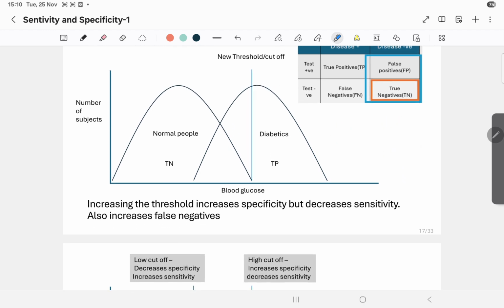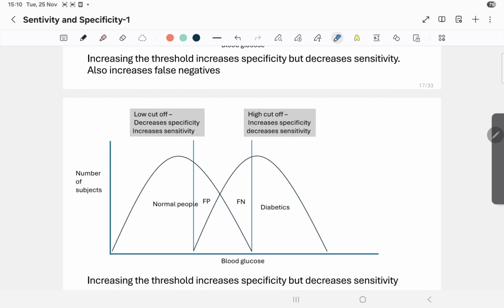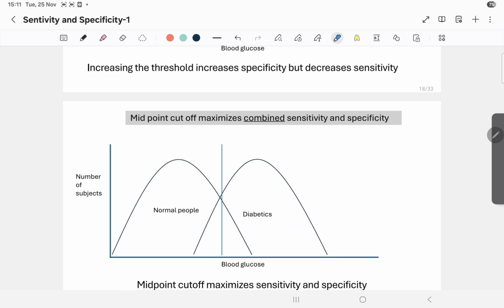Threshold goes with specificity but opposite of sensitivity. I have just summarized it here. If you lower the cutoff, it will decrease the specificity. Cutoff and specificity go hand in hand, but it will increase the sensitivity. High cutoff, high specificity. So just remember this is important.